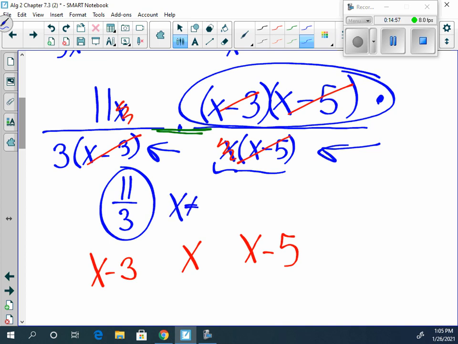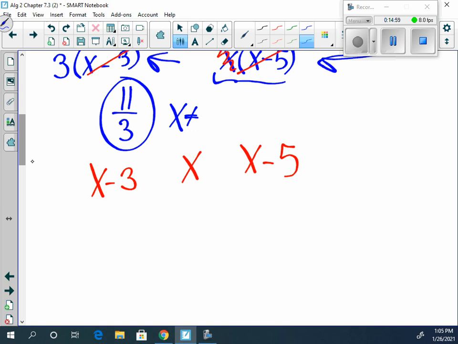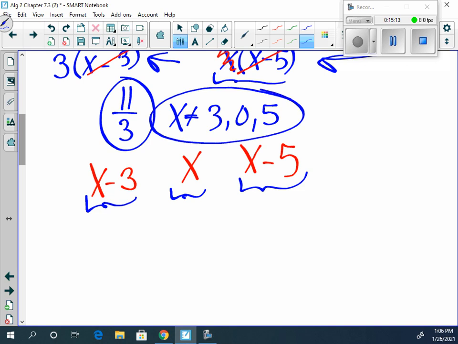So again, as we look for these restrictions, we're trying to see what value of x is going to make these three here be 0. And what would we have for this? 3, 0, and 5. And that's it for this here. Any questions on any of this here so far?